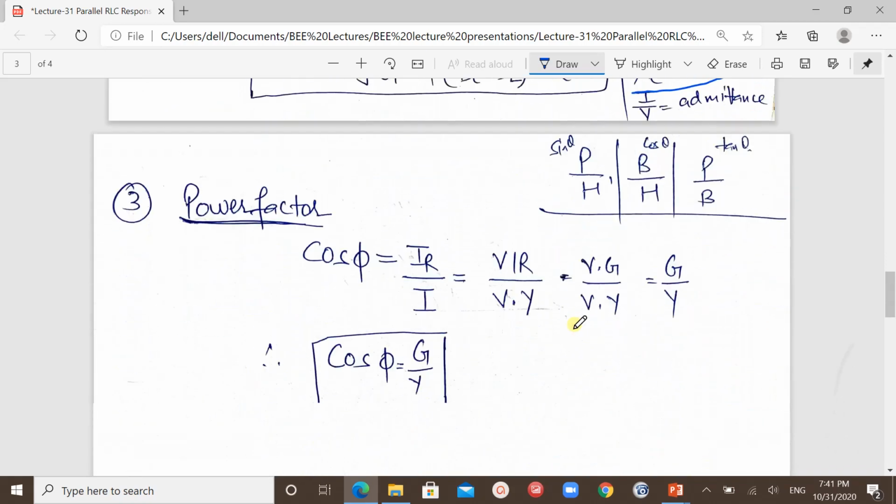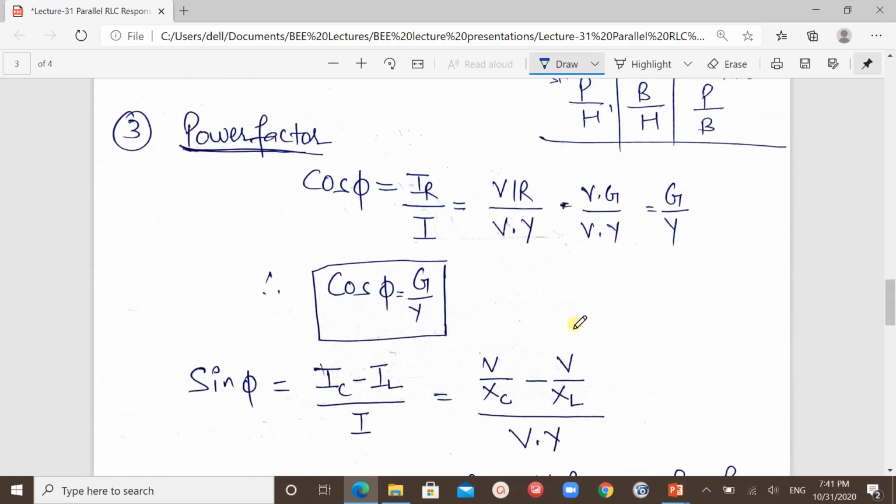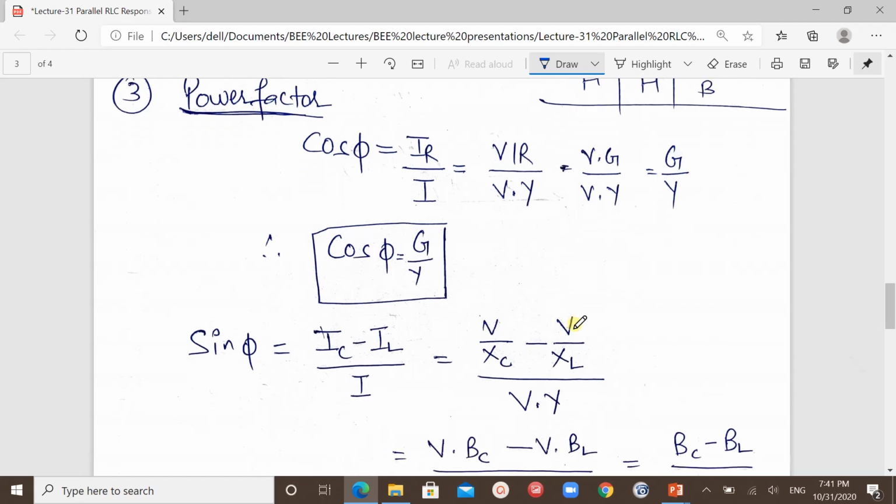Then power factor. Power factor cos phi is equal to IR upon I. IR is V by R, upon V into Y, where Y is our admittance.